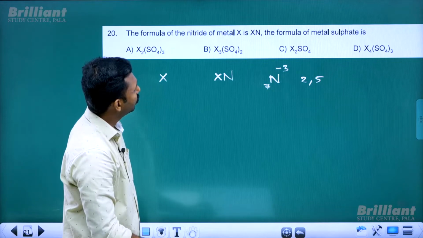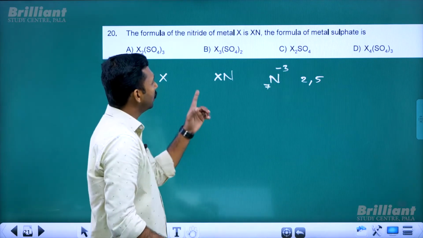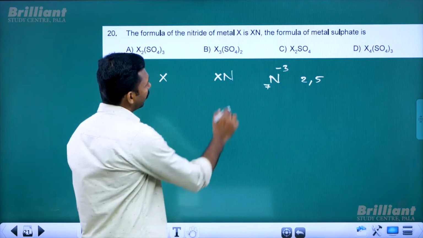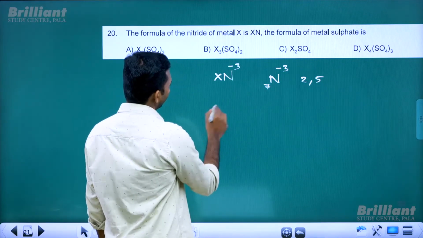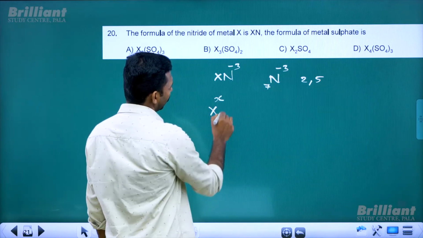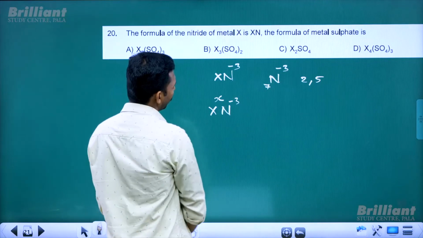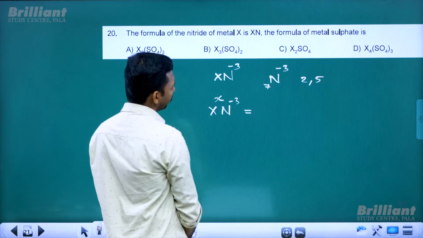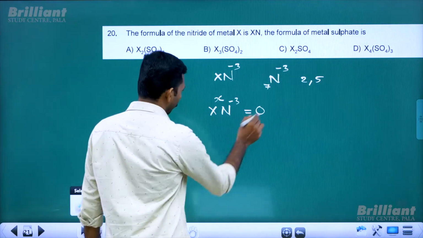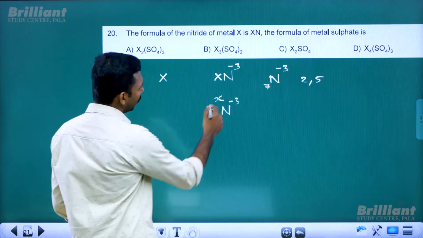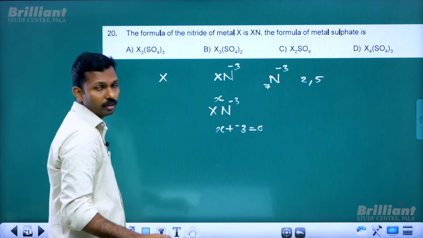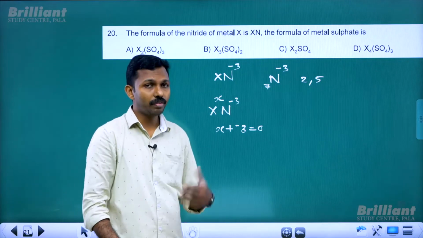We have to consider the valency of X then. So nitrogen is -3. Then what will be for X? X plus N, -3, that is equal to 0. We are adding the charges here. X plus minus 3 is equal to 0. So that is a general fact, right?